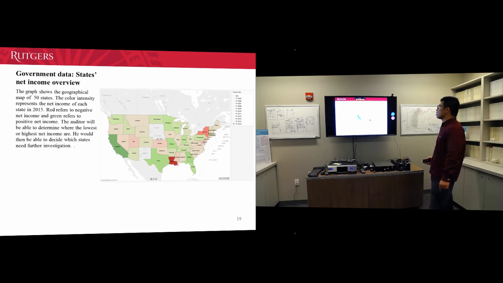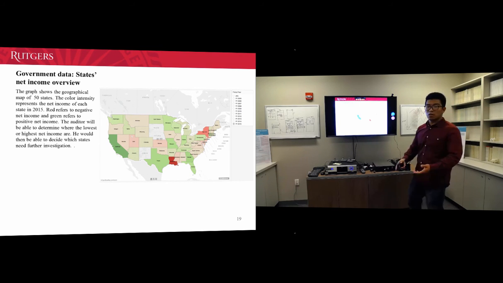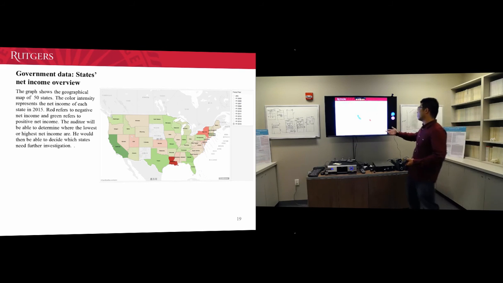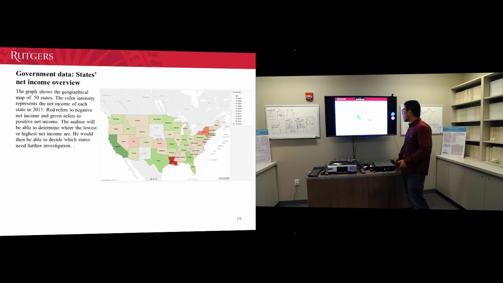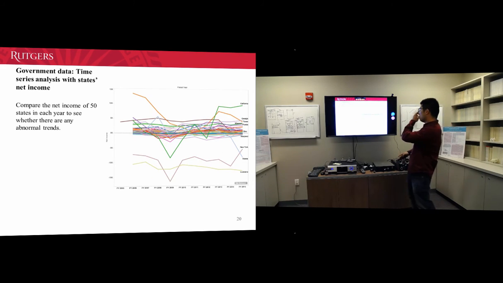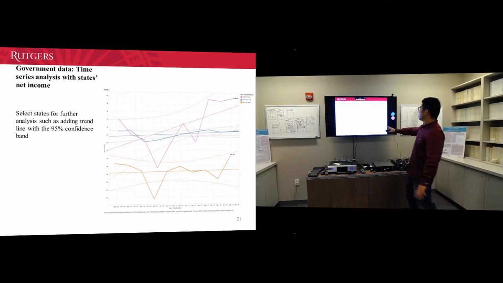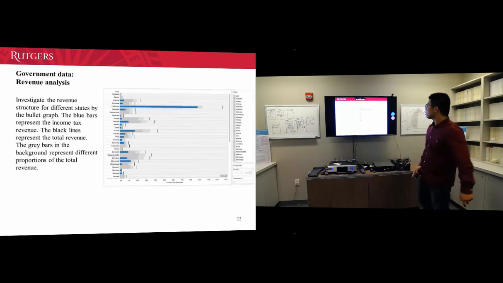And for the government data set, I downloaded the 50 states' income statements and balance sheets from the Bloomberg platform. This is a geographical heat map, and with the interactive function, we can choose different fiscal years to find that this is for the net income. The green means positive, red means negative. This is the time series analysis, where we can add a trend line with some regression functions and a confidence band on the graph.